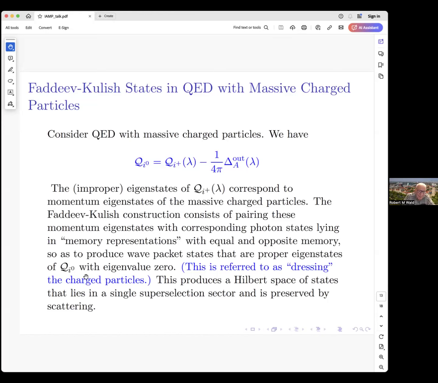So that gets rid of the superselection problem, because now we're just in one superselection sector. And also, because of the conservation of this, at least if the charge is 0, as the Faddeev-Kulish construction is making it to be, then charge 0 states in the asymptotic past will evolve to charge 0 states in the future. So the Faddeev-Kulish in and out Hilbert spaces will in fact evolve to each other.